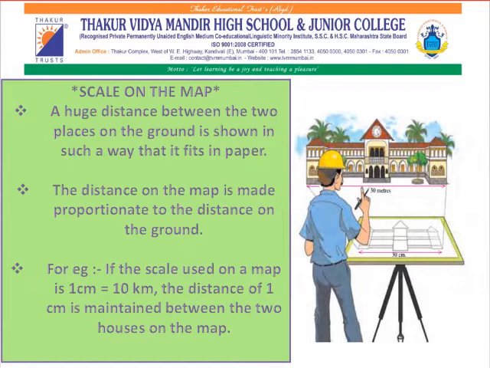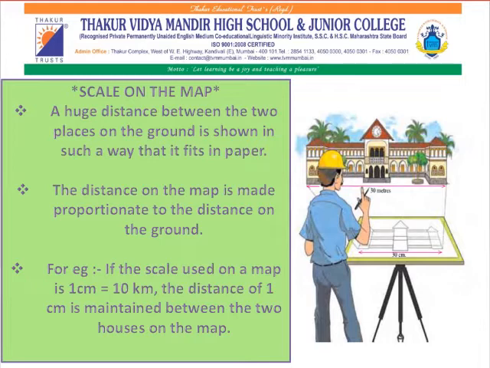So he has converted the long distance into a shorter one. So a huge distance between the two places on the ground is shown in such a way that it fits in a paper. The distance on the map is made proportionate to the distance on the ground.